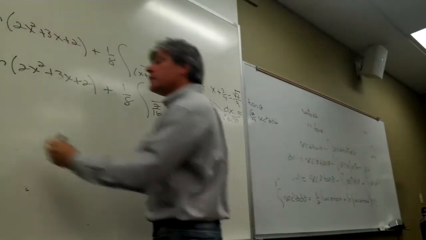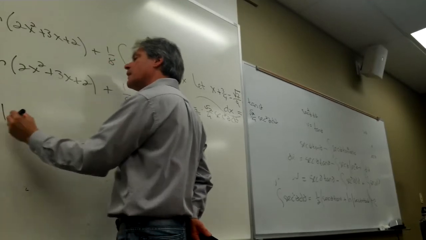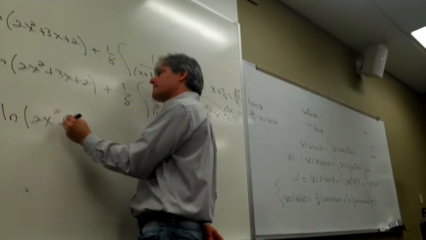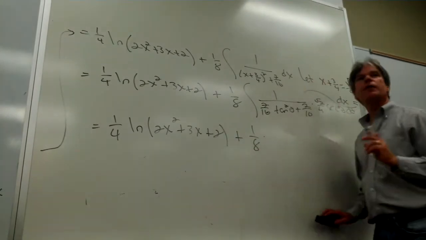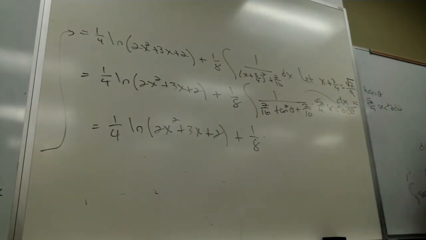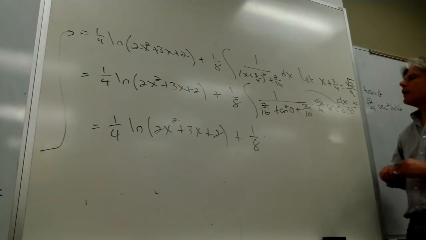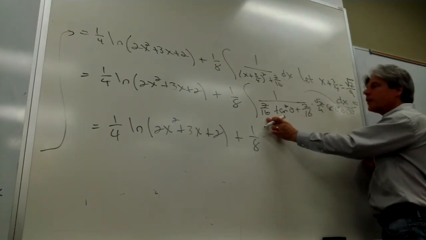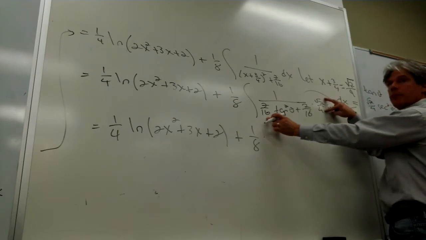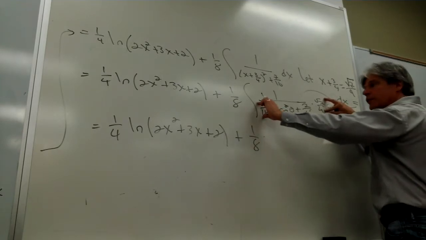I think that leaves me with a 1/4 natural log of stuff, plus 1/8 times, I'll slow down now. You guys check this out. I can pull out a 7/16 out of these two terms as a common factor. But it cancels with root 7 over 4, leaves me with a root 7 over 4 downstairs.